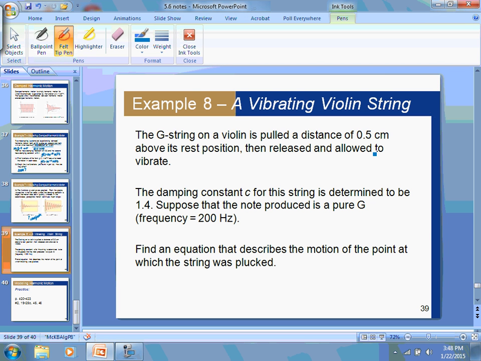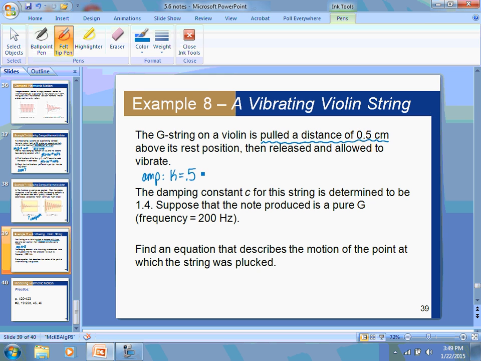So you're pulling it up high and then letting it go. This is telling you a couple pieces of information. It's telling you your amplitude, our K value is going to be 0.5.